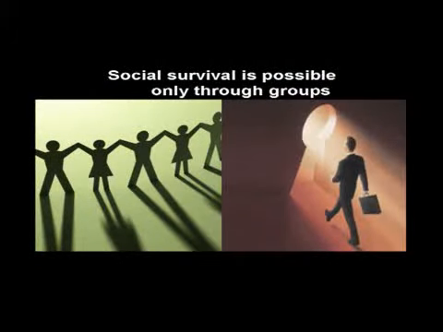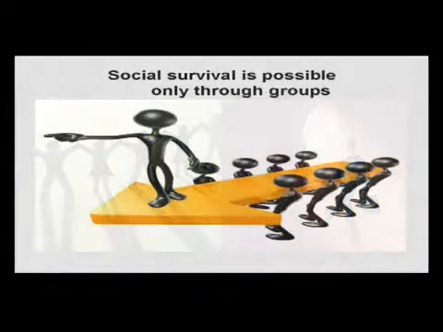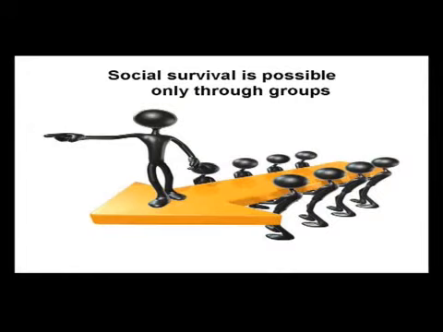Next, social survival is possible only through groups. Constant social relations only make societies alive and perpetuate. Man's activities take place only within groups, and his needs of different kind are fulfilled only within the groups.